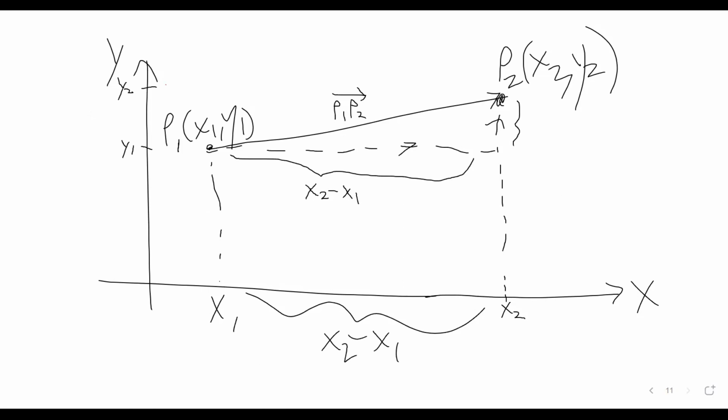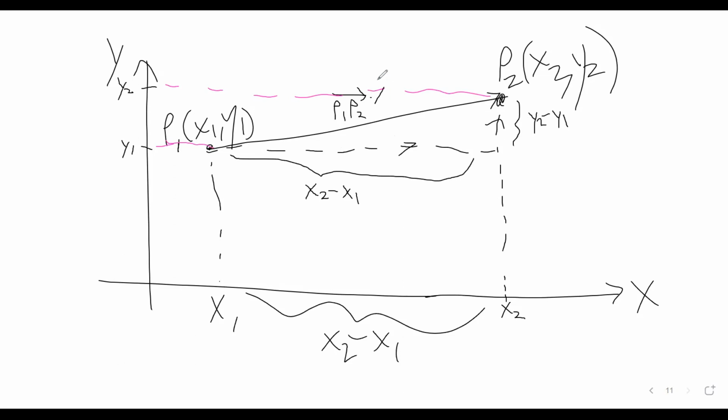So this y distance is y2 minus y1. Okay, so that means that now you can think of this vector as moving to the right, x2 minus x1, and moving up, y2 minus y1.